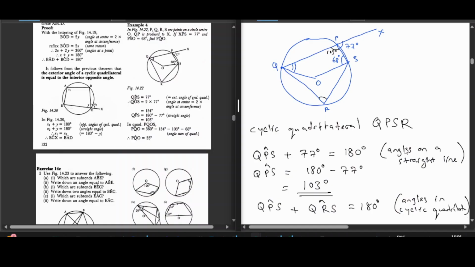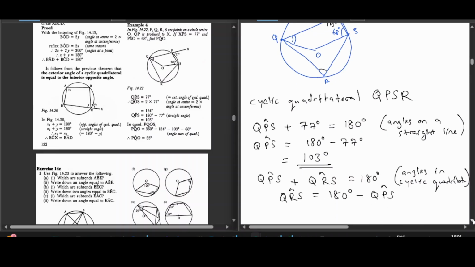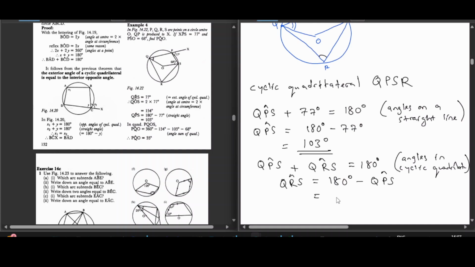You write it like that. What do we want? We want QRS. So we make QRS the subject of the formula: QRS will be equal to 180 degrees subtracting QPS. And what is QPS? QPS is 103, remember? So here it's 180 degrees minus 103 degrees.